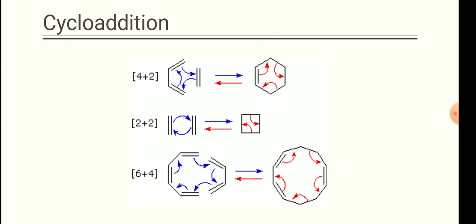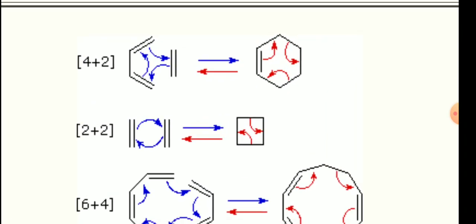So here in this first example, due to the reaction of the diene and dienophile, cyclohexene is formed, and cyclohexene is stable. If you continue the reaction, the opposite reaction is also possible, that is breaking of the cycloadduct and formation of the reactant.